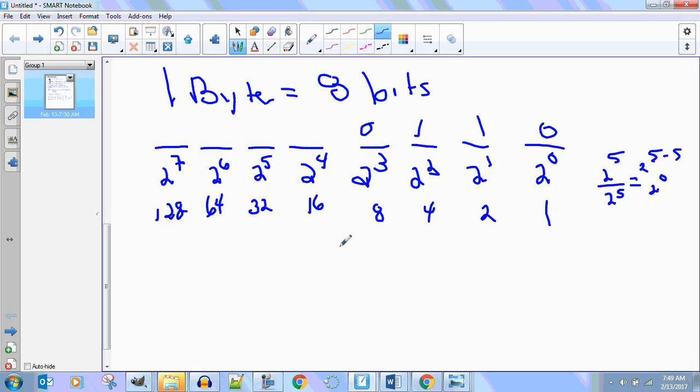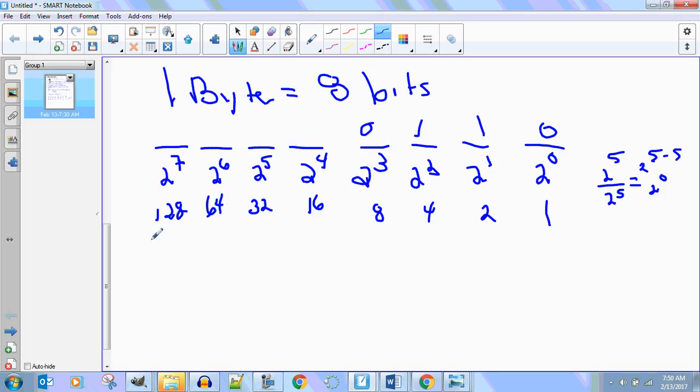Now, let's go back and talk about something we've learned this year. If I add up all these numbers right here: 1 plus 2 is 3. 3 plus 4 is 7. 7 plus 8 is 15. 15 plus 16 is 31. 31 plus 32 is 63. 63 plus 64 is 127.